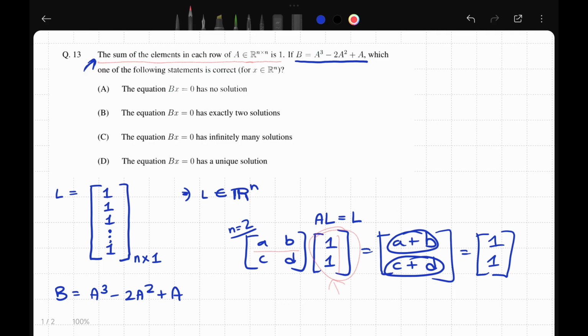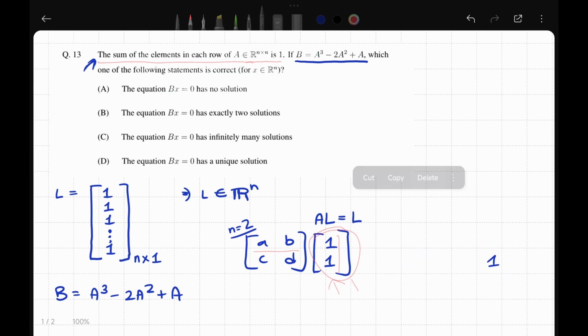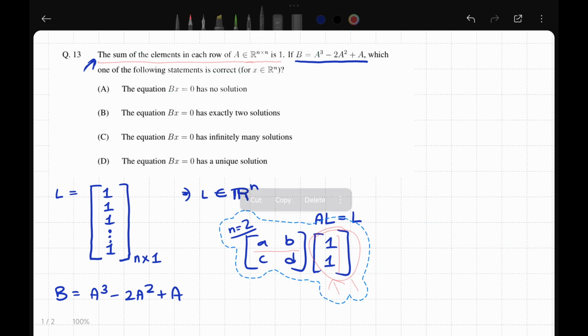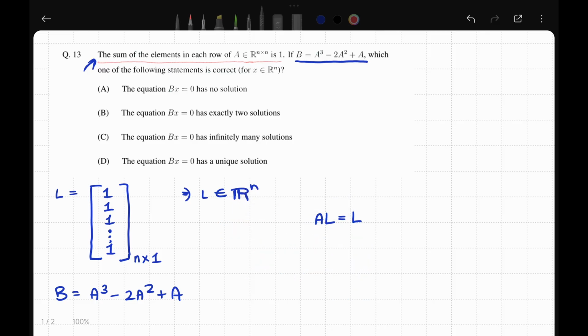This is L basically that we had taken for this example. So we can obviously write AL equals L. That's what I've done here. I'll erase all this, and I will call this 1.